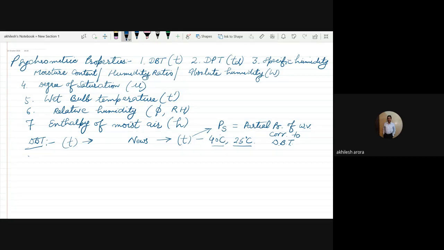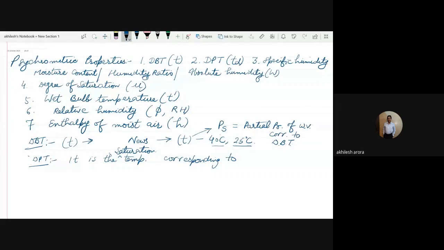The next property is DPT, and I have told you in the last lecture that DPT is the temperature, rather I can say it is the saturation temperature corresponding to the partial pressure of water vapor.